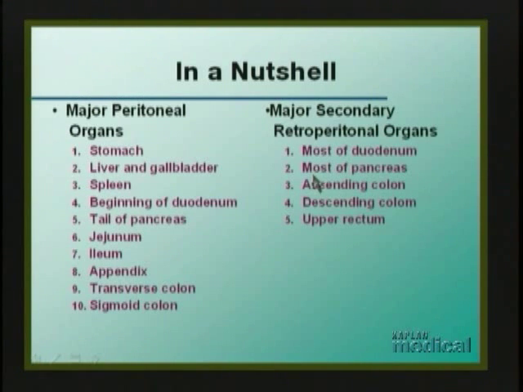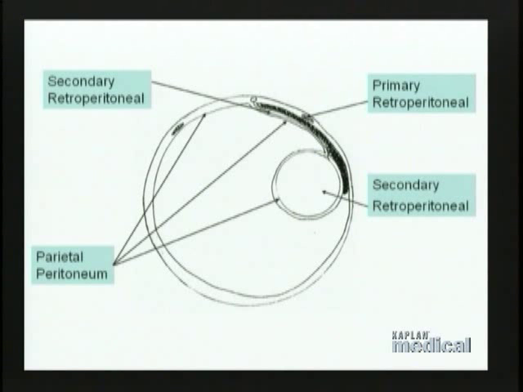Most of the duodenum, most of the pancreas, ascending and descending colon, and the upper portion of the rectum. So these are organs that did have this process happen to them, the process that we just described here. So this, for example, could be the descending colon, as an example.